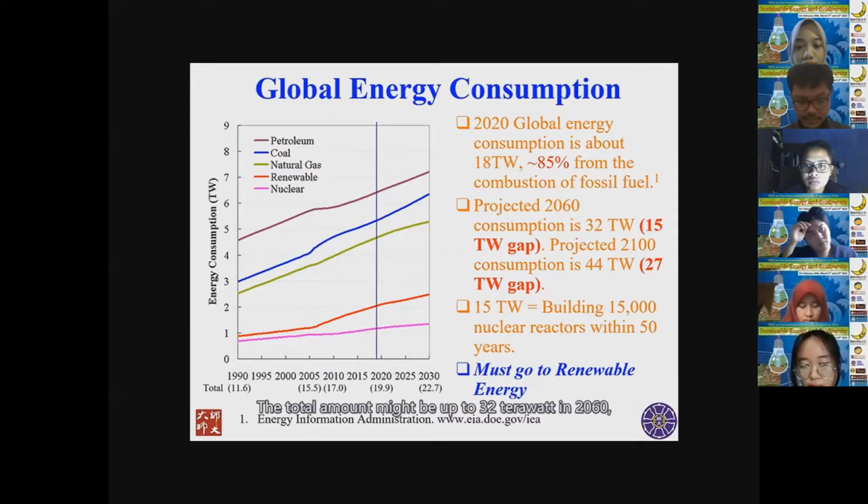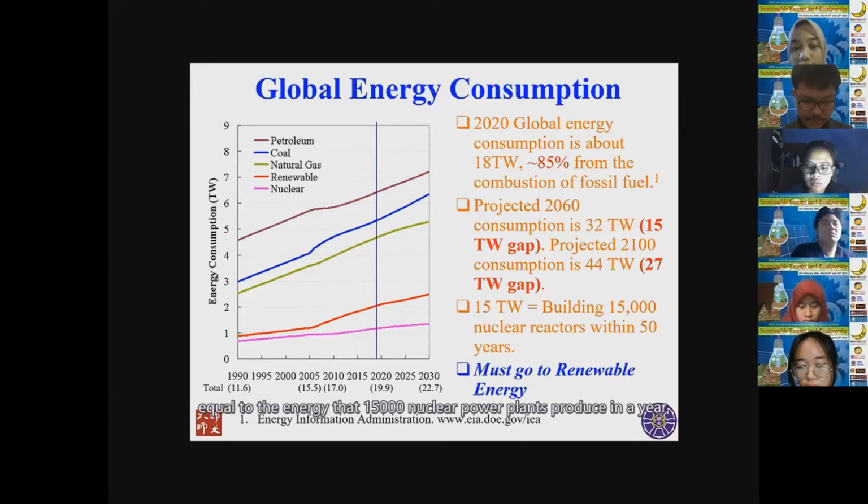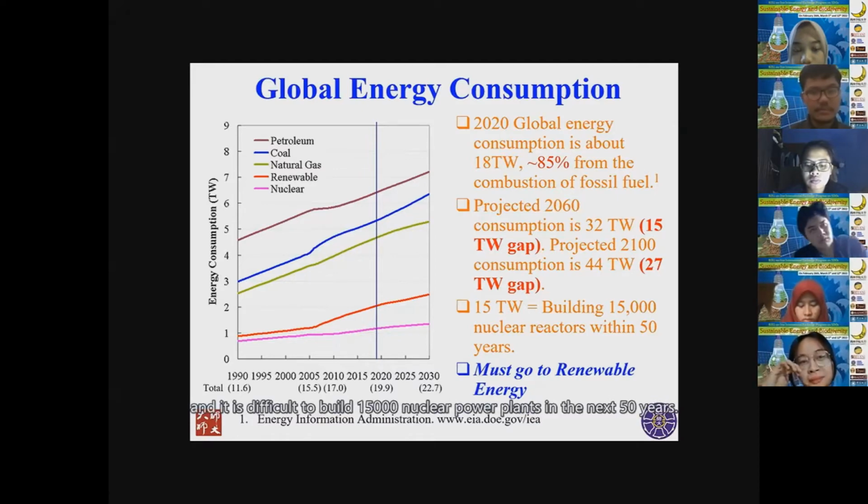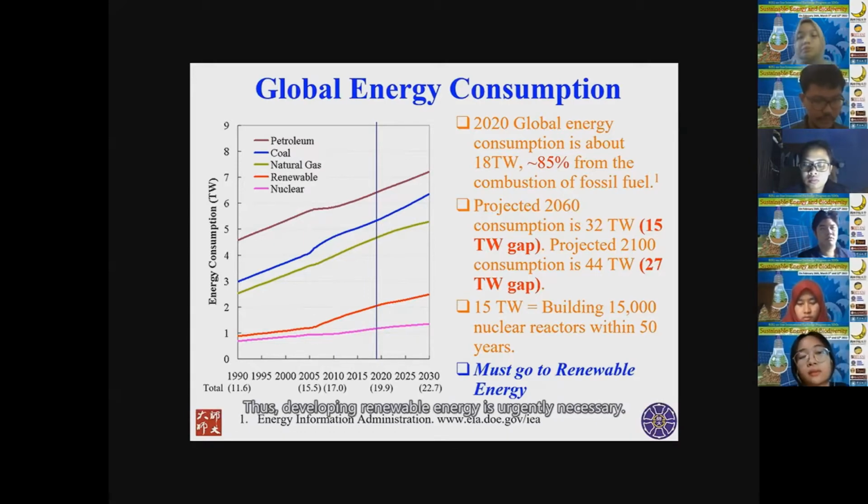The total amount might be up to 32 terawatts in 2060 and 44 terawatts in 2100. What's worse is that the gap is about 15 terawatts, equal to energy that 15,000 nuclear power plants produce in a year. And it is difficult to build 50,000 nuclear power plants in the next 50 years. Thus, developing renewable energy is urgently necessary.